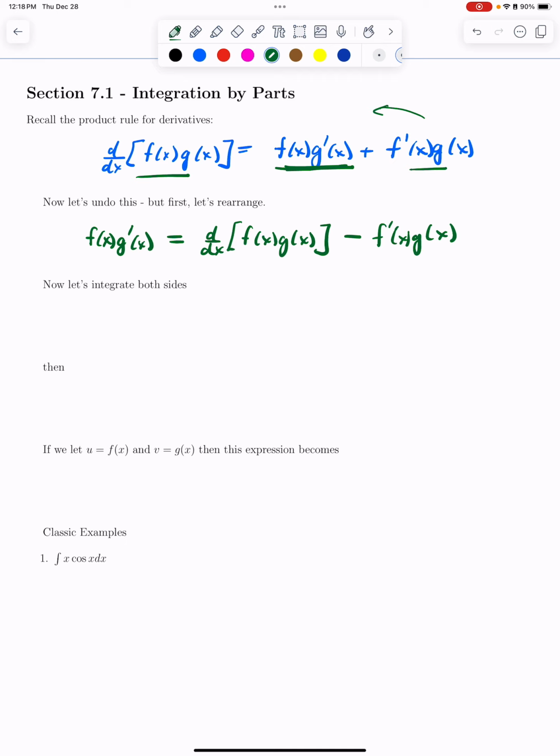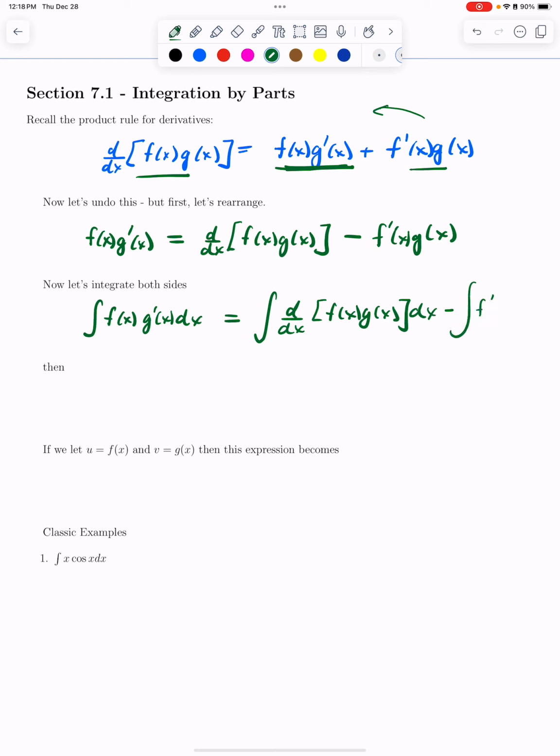Now, if we integrate both sides, so we integrate term by term, the left becomes the integral of f of x g prime of x dx, and the right side is going to be the integral of the derivative of f of x times g of x dx minus the integral of f prime of x g of x dx.